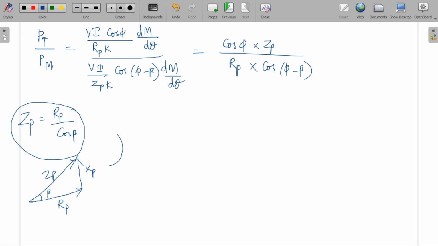From this, cos beta is equal to Rp by Zp.